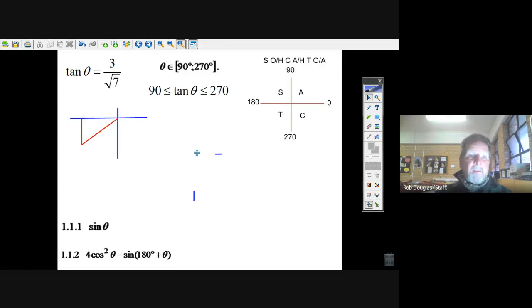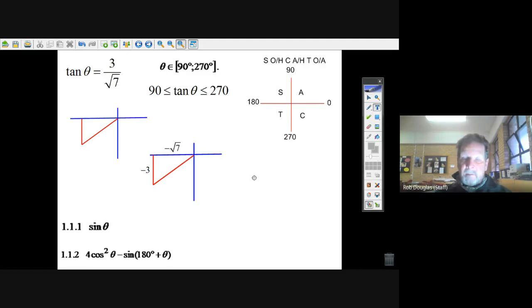You know that the tangent is opposite over adjacent, and it's 3 over root 7. If this is your angle theta, then the opposite side must be minus 3.